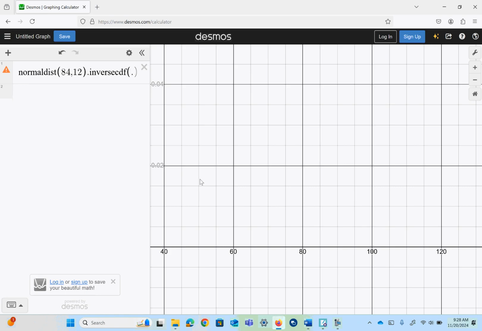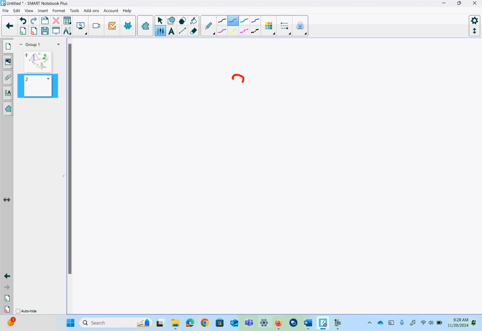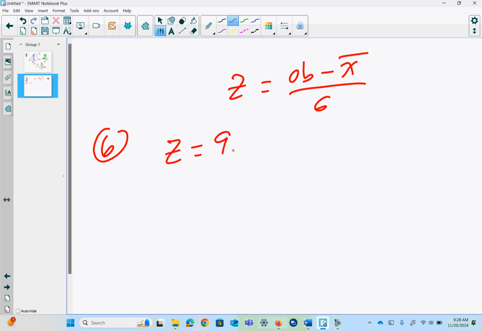Oh, so what we could do, actually, let me go back. I made a mistake. I'm sorry. All right, Z-score is observed minus the mean over the standard deviation. So I'm going back to number 6 because I made an error. I misspoke. I'm sorry. So I'm going to find a Z-score. I have 95 minus, what was the average?